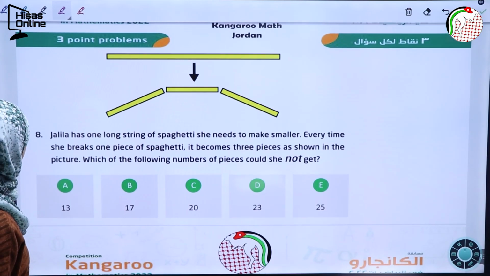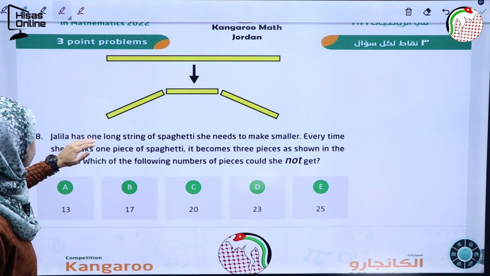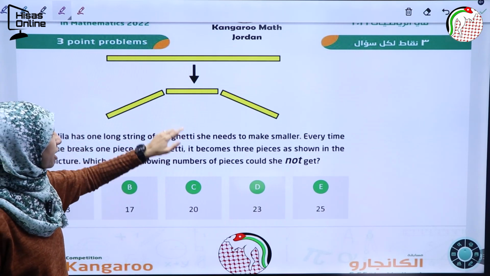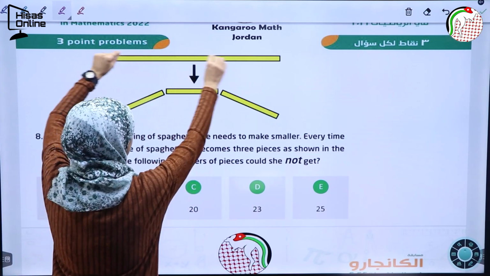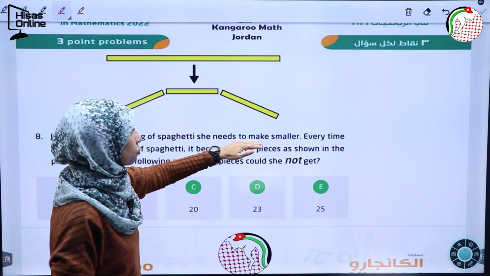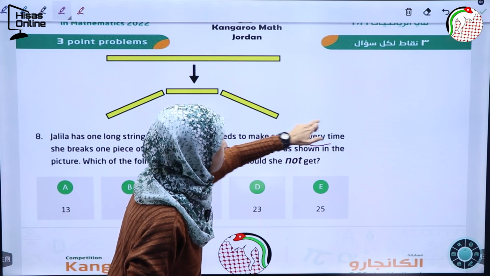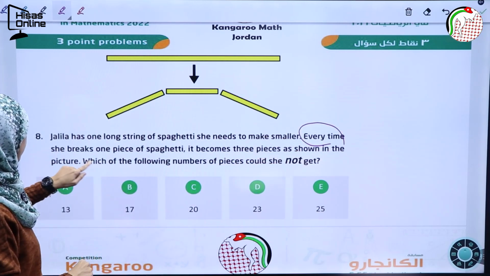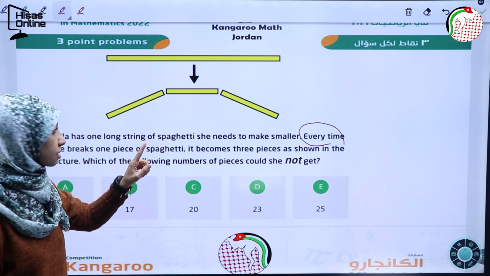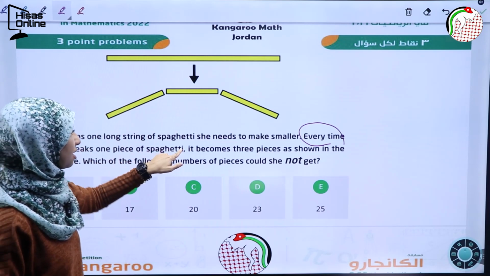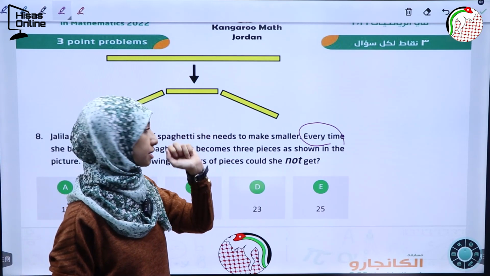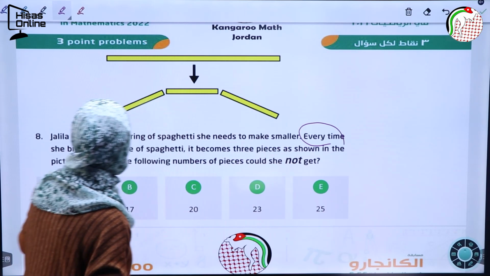Question 8 now. Jalila has 1 long string of spaghetti here, the long one. She needs to make it smaller. Every time she breaks 1 piece of spaghetti, it becomes 3 pieces, as shown in the picture.